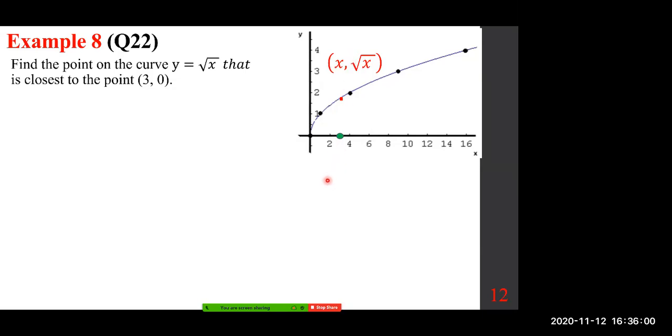Everybody remembers the distance formula, right? x minus x sub 1 squared, so x minus 3 squared, plus y minus y sub 1, square root of x minus 0 squared, under the radical. This is the distance formula.